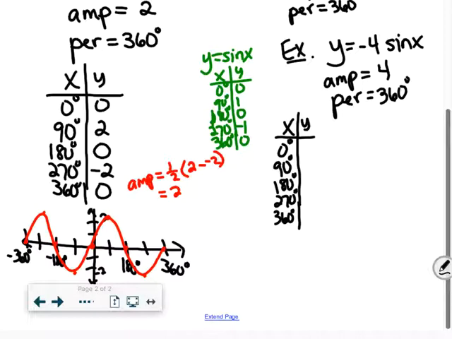And so then what I'm doing is taking the y values and multiplying. I'm going to do this one, y equals negative 4 sine x. So 0 times negative 4 is 0. 1 times negative 4 is negative 4. This is 0. Now be careful. Negative 1 times negative 4 is positive 4.